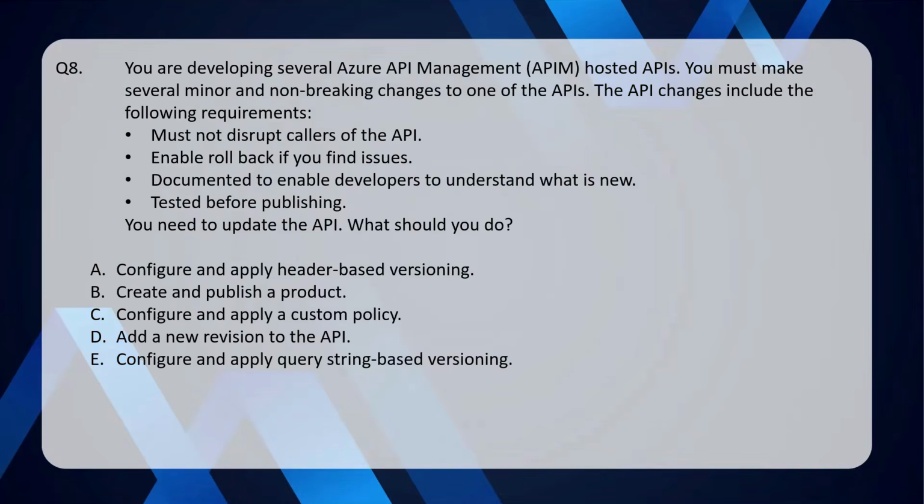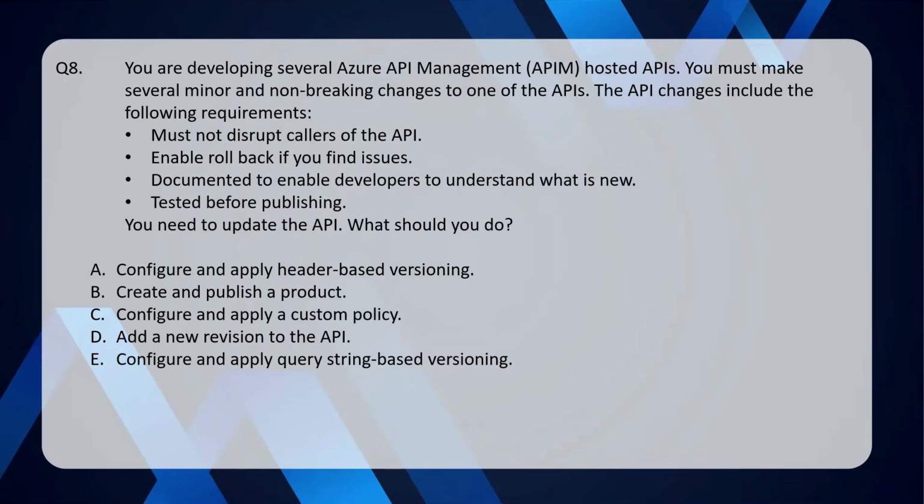Next question. You are developing several Azure API Management hosted APIs. You must make several minor and non-breaking changes to one of the APIs. The API changes include the following requirements: must not disrupt callers of the API, enable rollback if you find issues, documented to enable developers to understand what is new, tested before publishing.